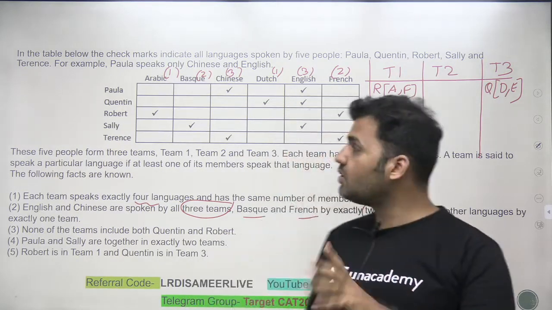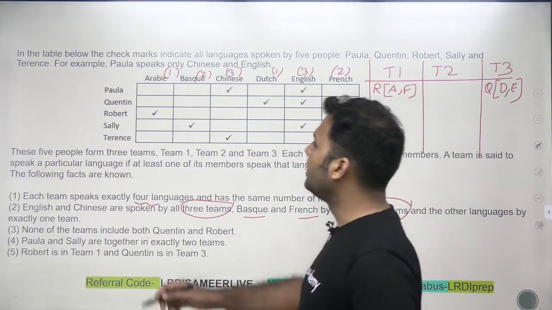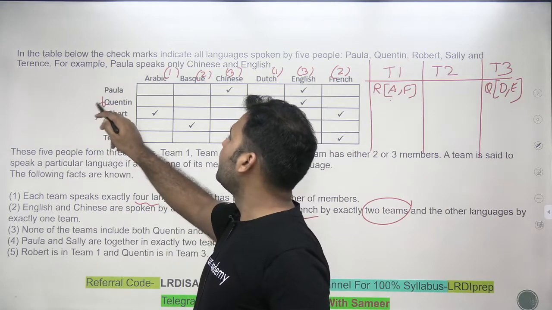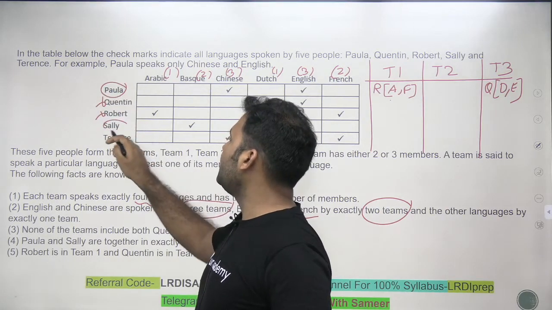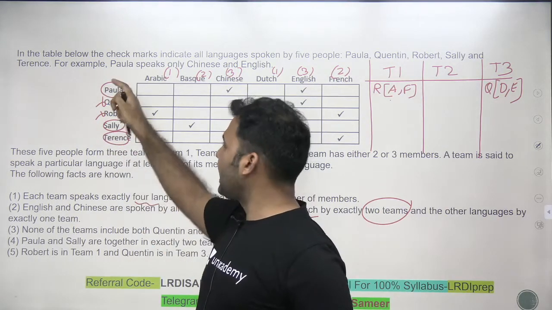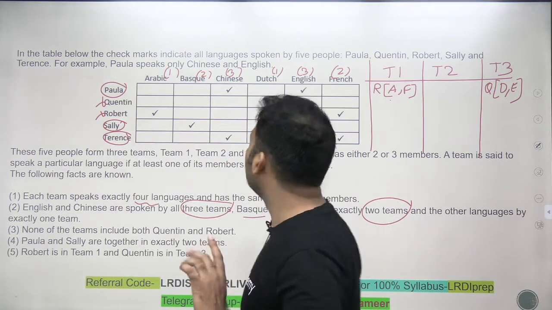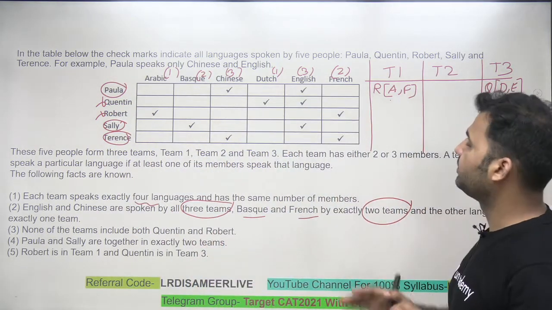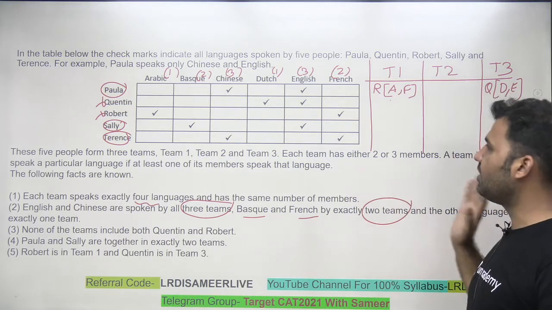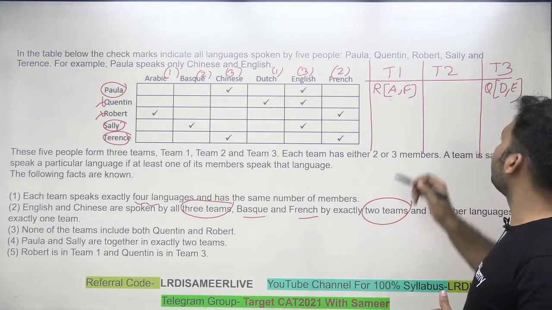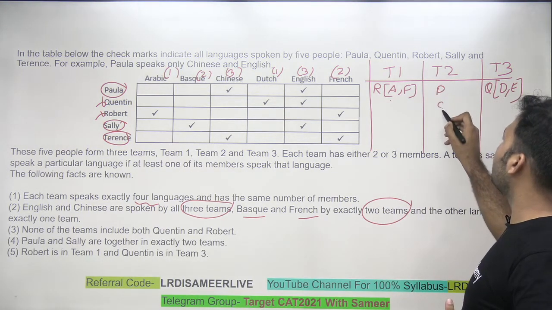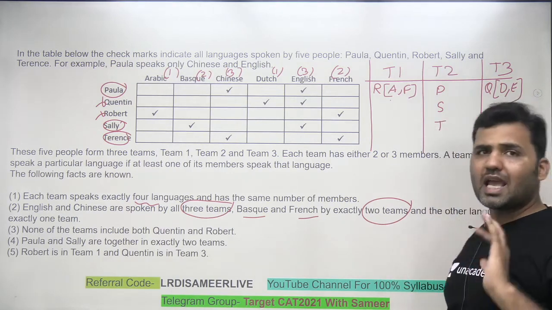Now if R and Q cannot be the member of team 2, then either all 3 or any 2 of the others will be the member of team 2, because every team has 2 or 3 members. So can I say P, S or T must be the member of team 2, or any 2 of them?